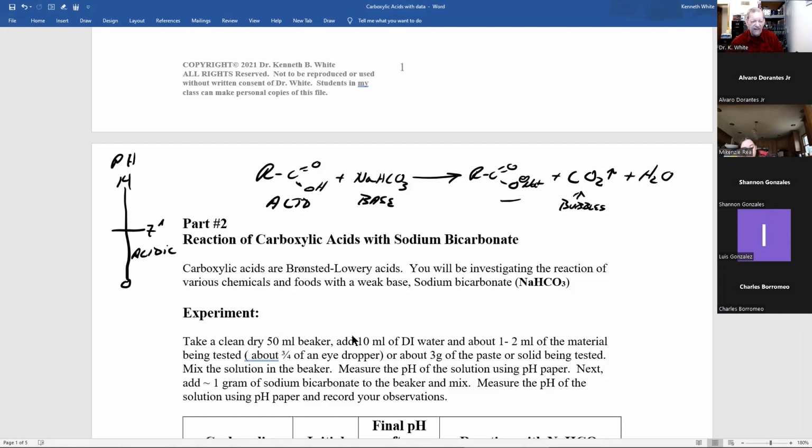At 7, it's called neutral solution. And above is basic solution. And we can measure this with pH paper. How many of you have used pH paper? I think most of you have had general chemistry at ECC, you've used it, and that changes color.